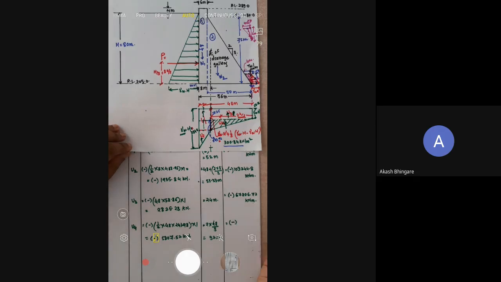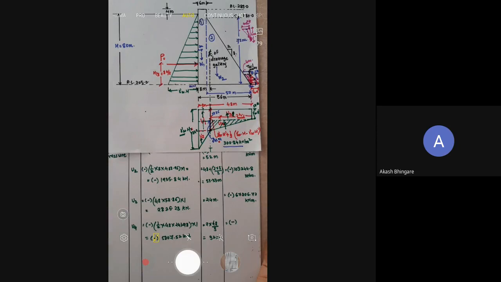Okay, value that I have got earlier in the chat box. Okay, wait. Yeah, it is correct. 185. So all of you have mentioned already that value is correct. Okay, 185,840.64 kilonewton meter.